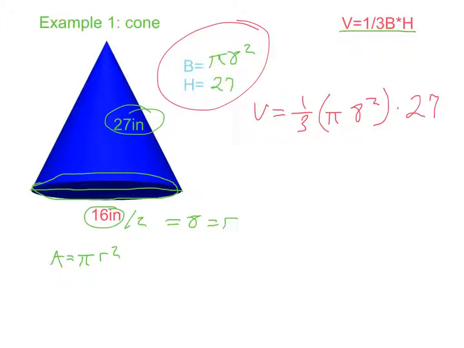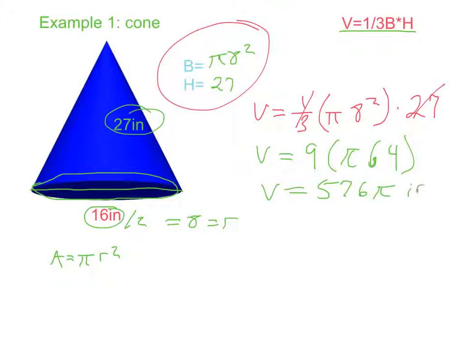Now we just need to simplify, and there's a couple ways you can do that, but I'm just going to start with taking 1/3 of 27, which is going to be 9, and then I'm going to square 8, which is 64, and then multiply 9 times 64, which is 576, and this is pi, and then our units are inches, and it's all cubed, and that's how you do it.